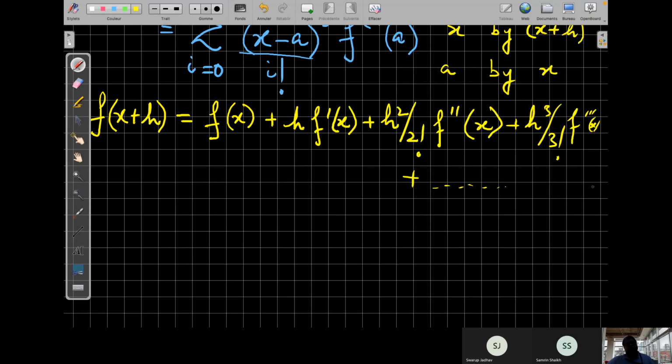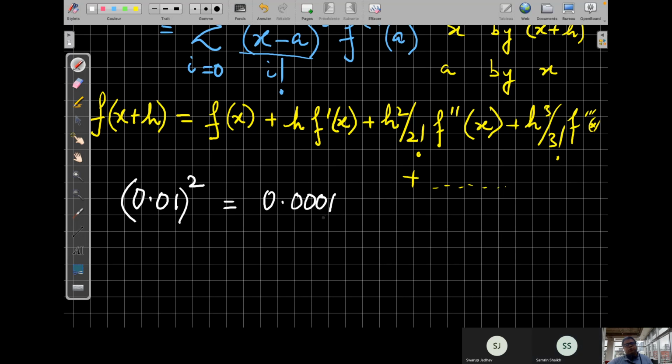Now let me tell you something in mathematics, or arithmetic, whatever it is. If I take a very small number, for example 0.01, and I square it, what will be the square of this number? 0.0001, there are 4 decimal places.